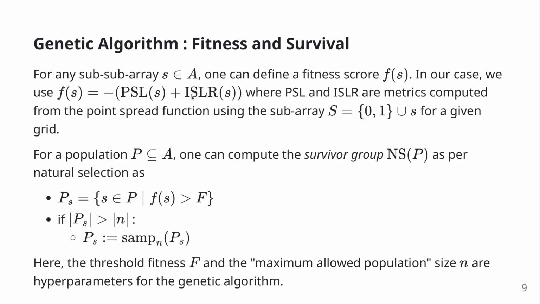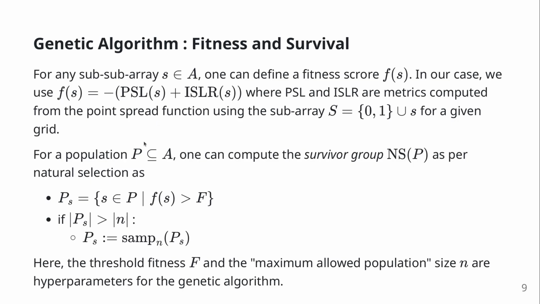I didn't actually just want to add it, I wanted to have some weightage over there, but it's fine. It doesn't matter. You can just have some sort of custom loss function. And since you're talking about fitness, more is better, so it has to be the negative of the loss. So the higher the function's score, f of S, the more fit an individual is going to be. And in this case, when I say an individual, I mean a subarray. Okay.